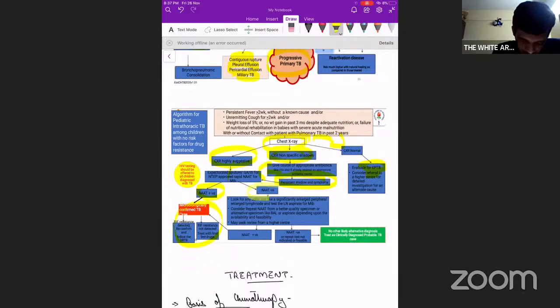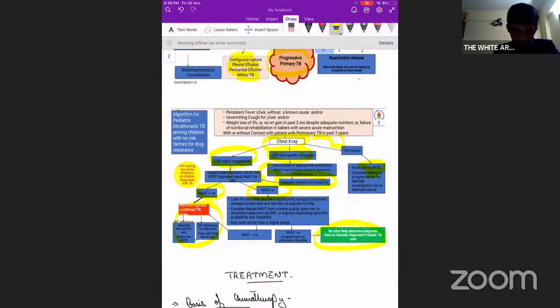If CBNAT is negative, then we search for an extrapulmonary tuberculosis source. So lymph node or anything as such, we search. If possible, look for an alternate specimen like BAL, and send a repeat CBNAT. Okay, if the repeat CBNAT is positive, well and good. If the repeat CBNAT is negative, and we are still suspecting, then it becomes a clinically diagnosed case of tuberculosis.